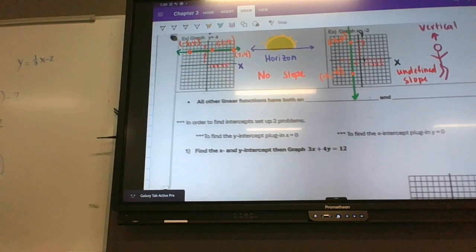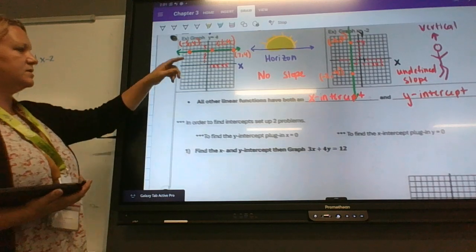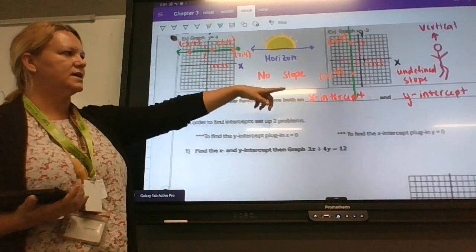All other linear functions are going to have both an x-intercept and a y-intercept. We talked on a different handout about finding x and y-intercepts. X-intercept is where a line crosses the x-axis.